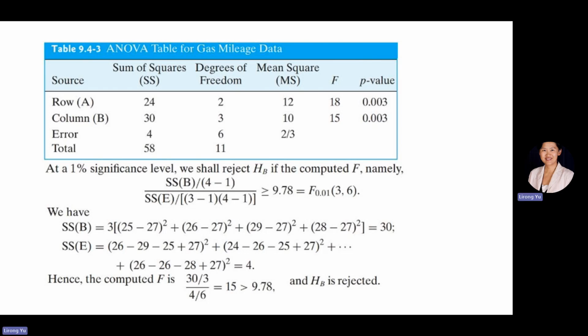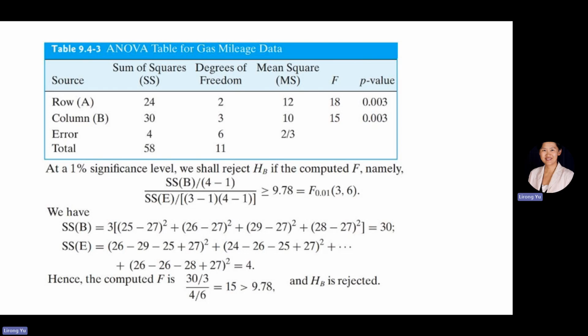All right. So all these calculations on this page are for B. So we have 30 over 3, 4 over 6, and then we divide the two to get 15. The A effect is not calculated, but I think you can follow a similar procedure.